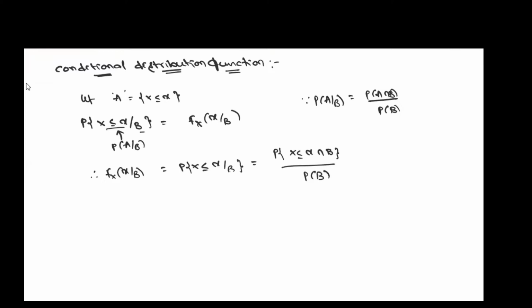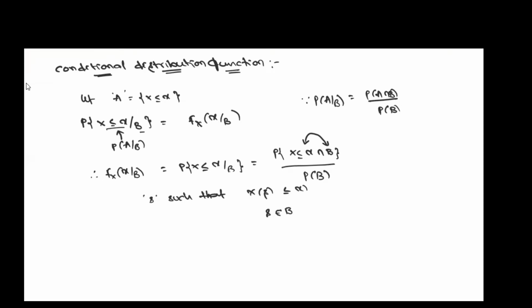Okay, so you can take this as a joint event of the two, X less than or equal to x intersection B, as a joint event. The joint event consists of all the outcomes s of sample space S such that X(s) is less than or equal to x and s belongs to B. So this is the condition.